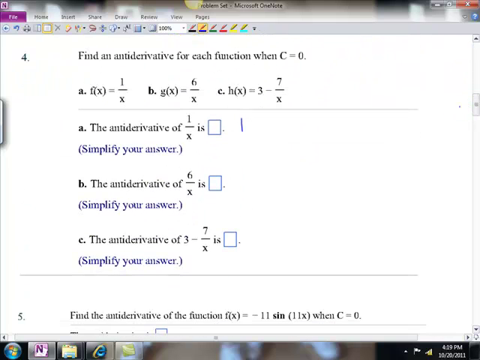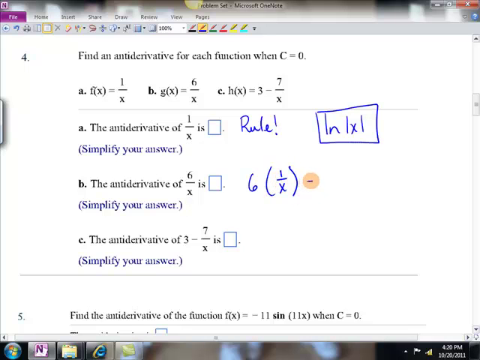Look at 4. Find an antiderivative for each one when c is 0. So that means we're not going to have c in our answer, just like we did in the very last one. All right, the antiderivative of 1 over x. This is a rule. This is one of the rules, okay? And the answer is ln x. 6 over x is the same as 6 times 1 over x.